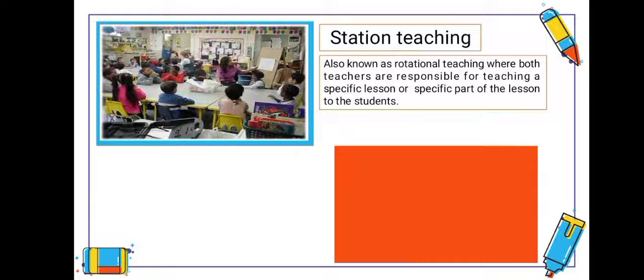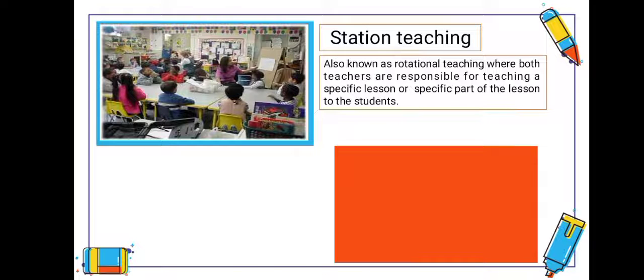It is because the teachers are going to rotate in their teaching and they both have the responsibility to provide instruction to the learners, unlike in the one teach, one observe and one teach, one assist, where only a single teacher is instructing or teaching the class and the other teacher is assisting and observing.